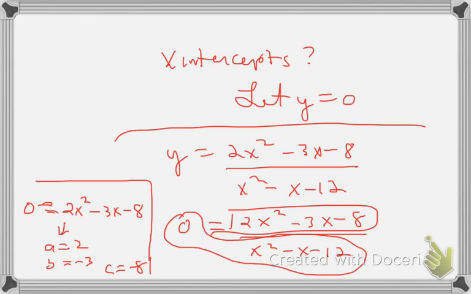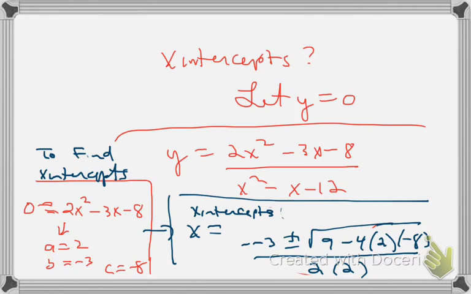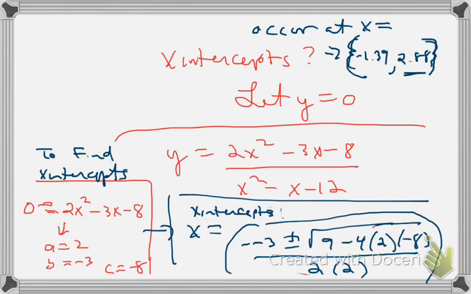So I'll hit pause as we do that. By now, I'm sure you're comfortable, negative b plus or minus the square root of b squared minus 4ac all over 2a. So I've laid that out for us here. If we crunch that out, we should arrive at 2 decimal locations, and those decimals should match up with what we get. I'll hit pause as you get the decimals on that. So I'm sure you've typed this out by now and arrived at the very same decimals that I've arrived at here.